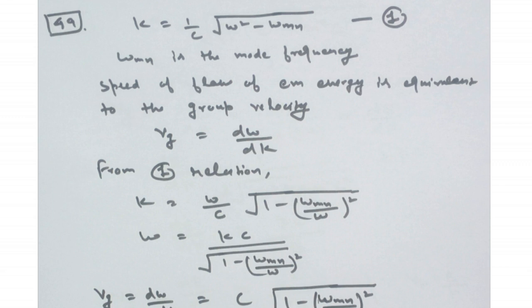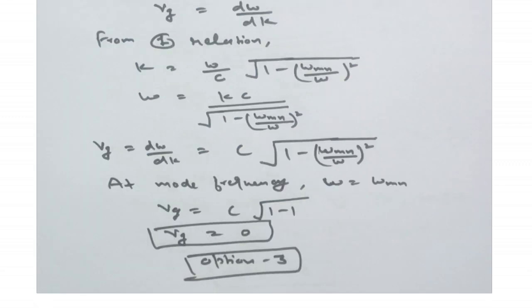Now the speed of the flow of EM energy is equivalent to the group velocity. So here we have to calculate the group velocity, that is equal to d omega upon dk. Now from relation 1, omega will equal kc upon under root 1 minus omega mn upon omega whole square. Now from this the group velocity will become c under root 1 minus omega mn upon omega whole square.